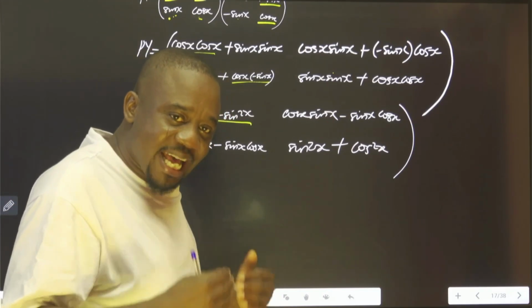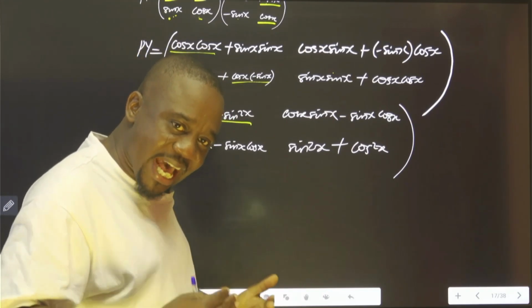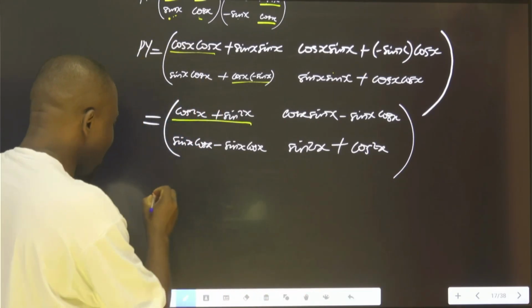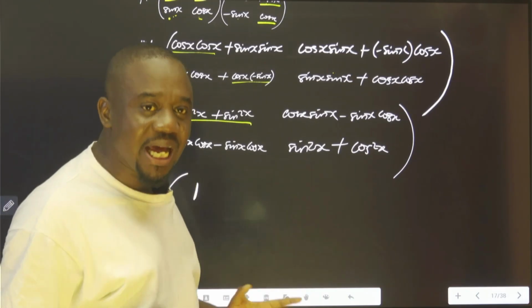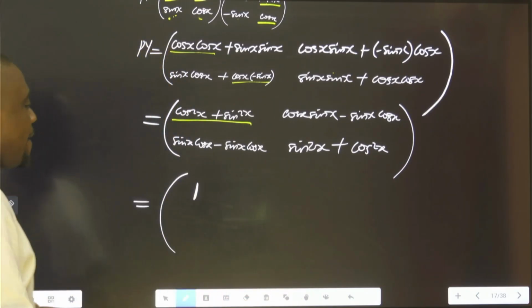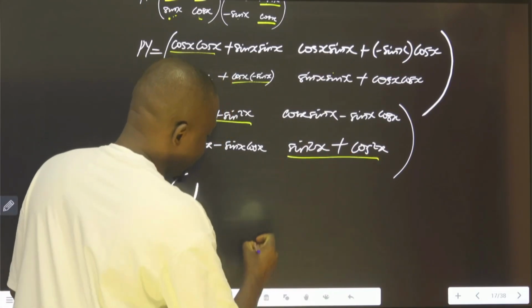Cos square S plus sin square S, or sin square S plus cos square S. You agree with me that that is 1, in compound angle trigonometry. The same thing with this. That is also 1.